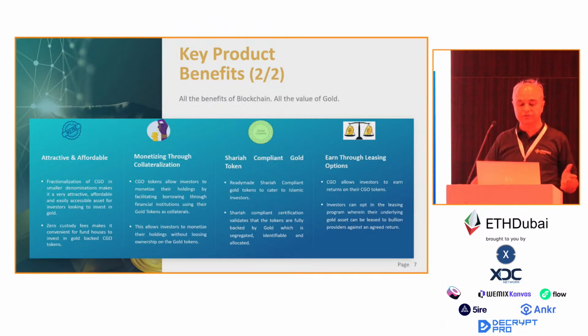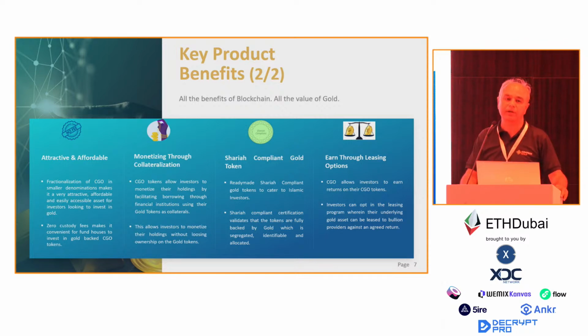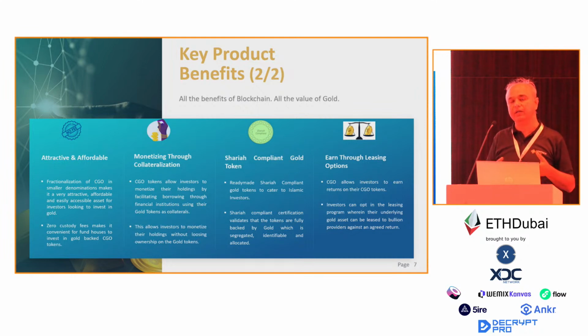The other advantages are it is very attractive and affordable as compared to if you go and buy physical gold in a gold market. You practically pay around 3 to 4% more there as compared to what you pay over here, because those markets in physical gold, most of them, don't vary much.